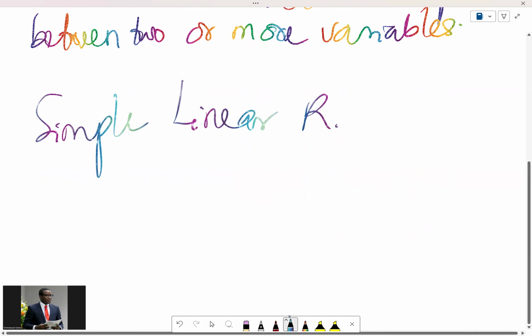between the observed value, y, and the predicted value, which is y cap, so that the error term is y minus y cap.